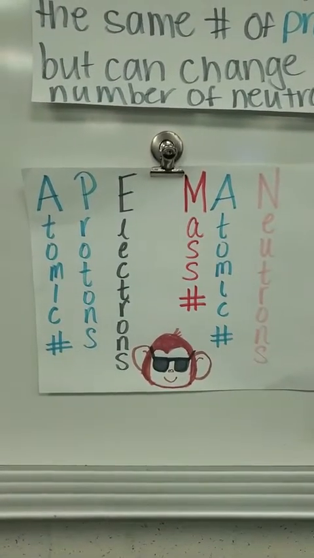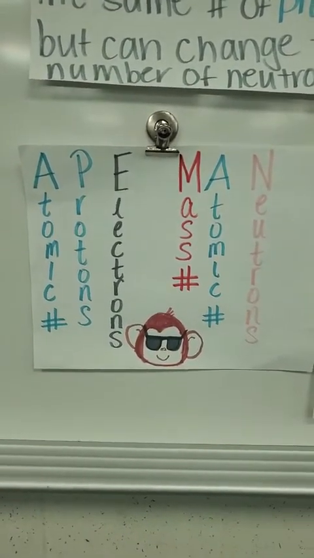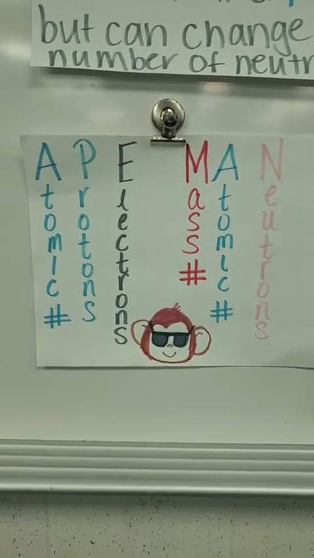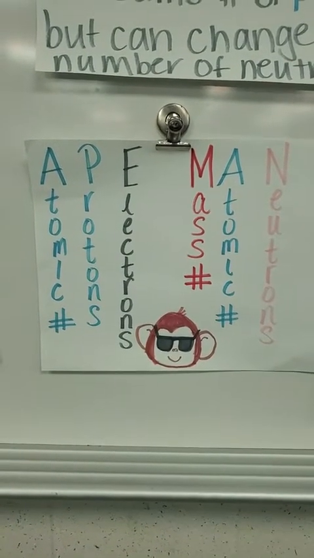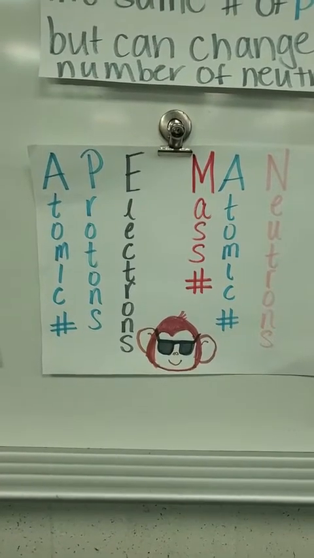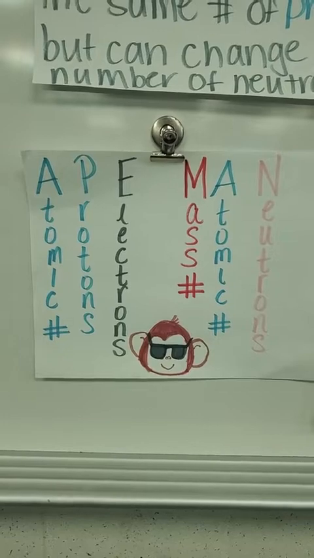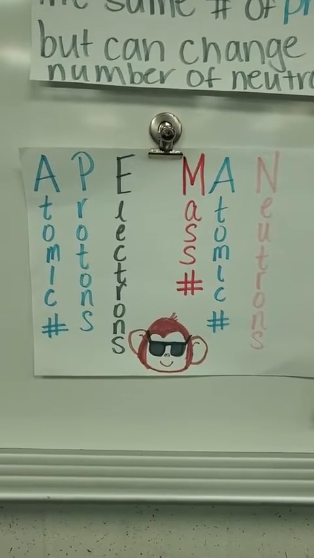So one way that we can remember this is by the 8-man. In a neutral atom, your atomic number is equal to your protons and your electrons. But remember that your atomic number only tells you for sure what the protons are.